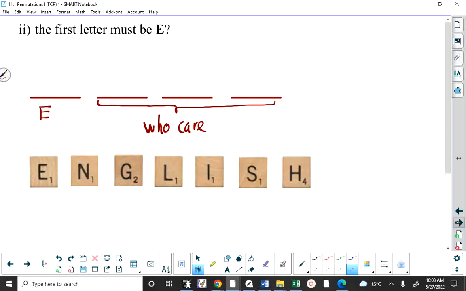So there's one E multiplied by how many different choices or how many different items can I choose from for the next? Well, I've got 6 letters left, and then 5, and then 4, which is 120, which is 5 factorial. 5 factorial happens to be 120.